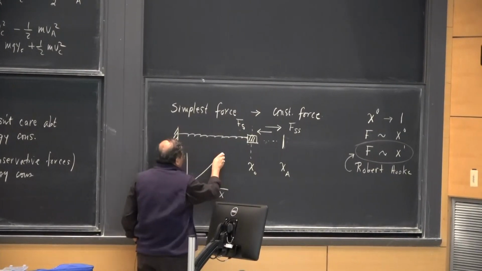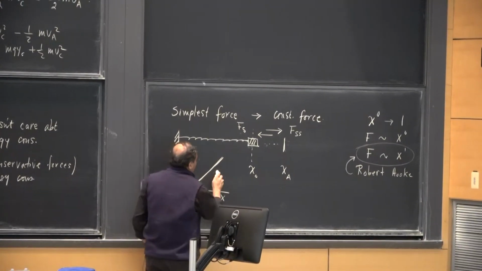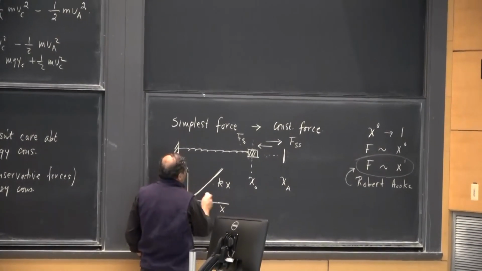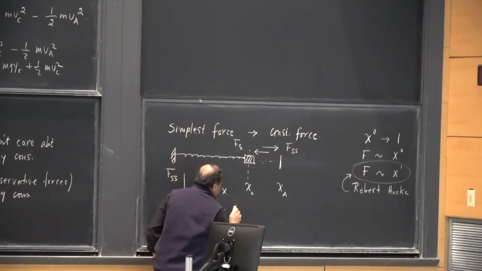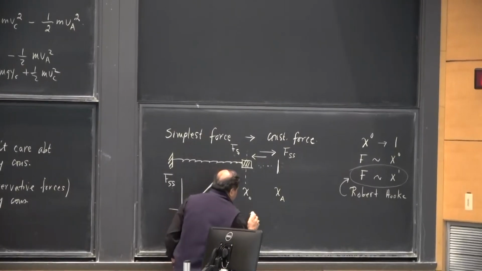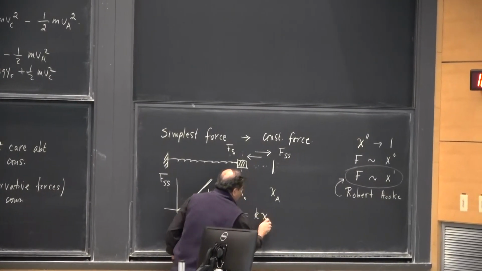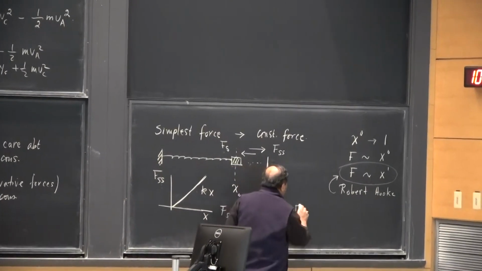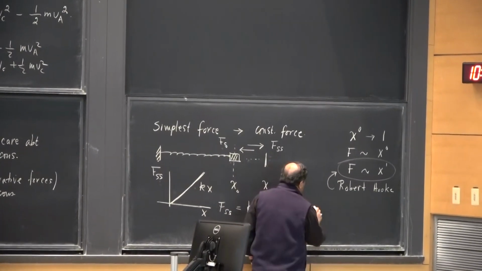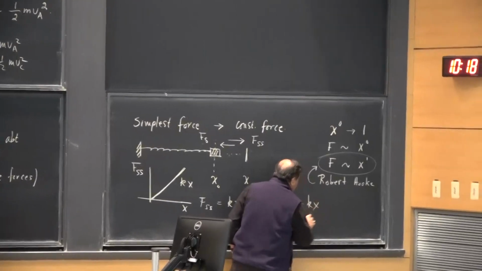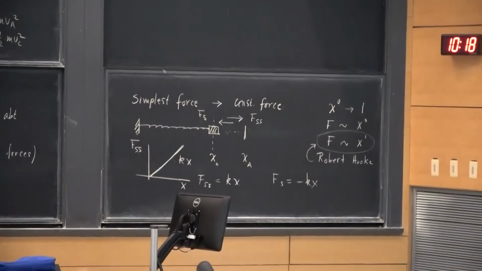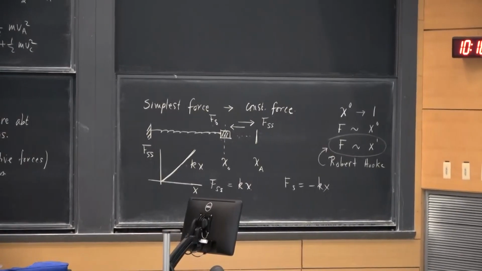There's a certain slope here, and we'll call it k. So the force I apply is going to be k times x. The force the spring applies will be different. The force the spring applies will be equal and opposite, so that will be minus kx. The spring wants to bring it back. I don't want to bring it back. I want to pull it out.